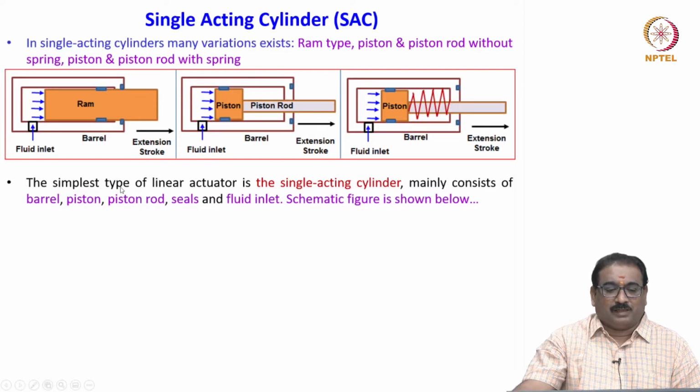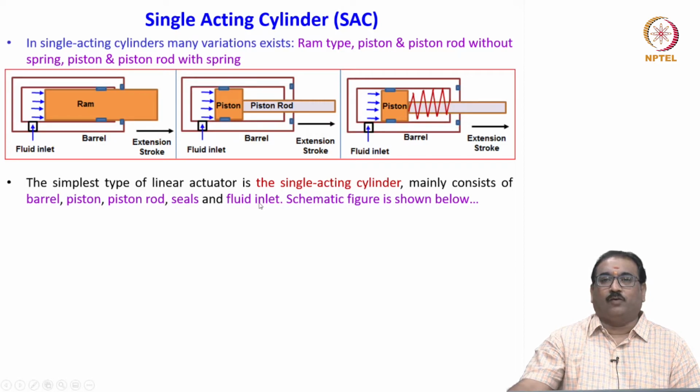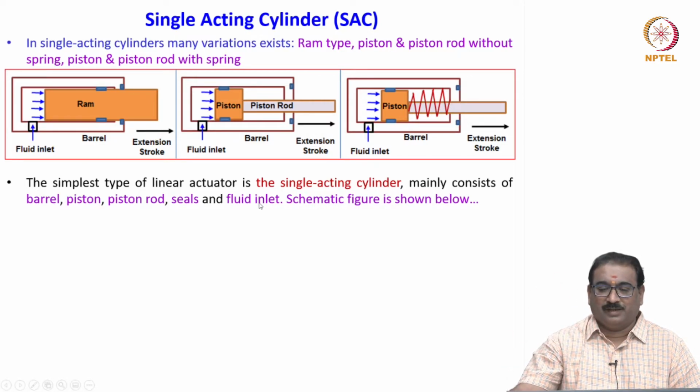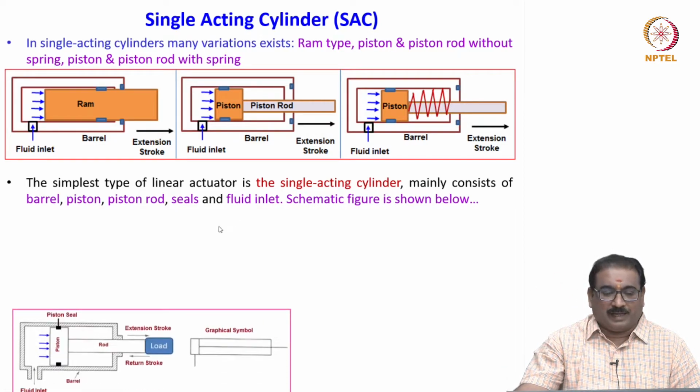Now, we will see the simplest type of linear actuator, the single acting cylinder, mainly consists of barrel, piston, piston rod, seals and fluid inlet, only one inlet here. Schematic diagram is shown here.